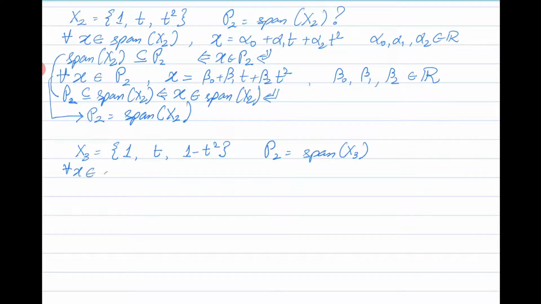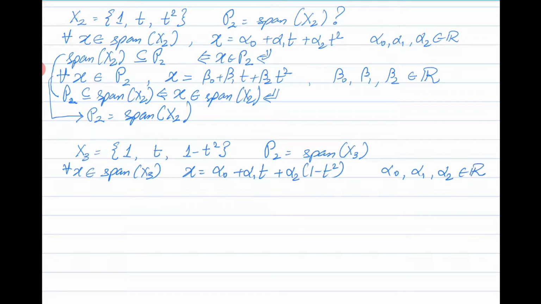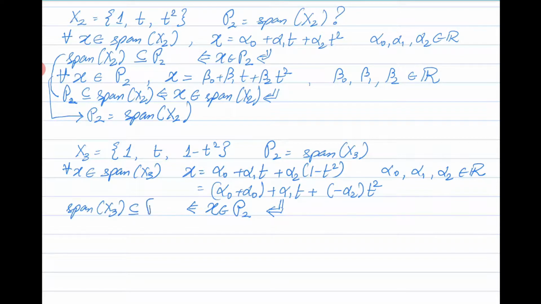So for all x belonging to the span of x3, I can express x as alpha 0 plus alpha 1 t plus alpha 2 times (1 minus t squared), for alpha 0, alpha 1, alpha 2 in the field, which is essentially equal to alpha 0 plus alpha 2, plus alpha 1 of t, plus minus alpha 2 t squared. This essentially means that x belongs to the vector space P2. This is true for all x in the span of x3. So the span of x3 is a subset of P2.